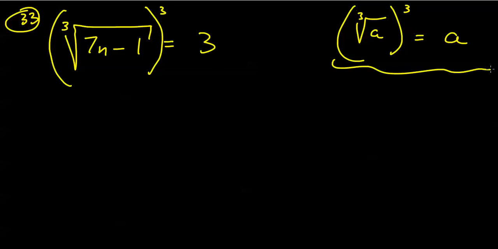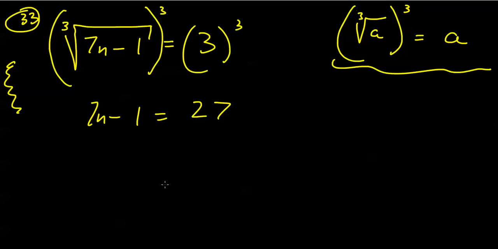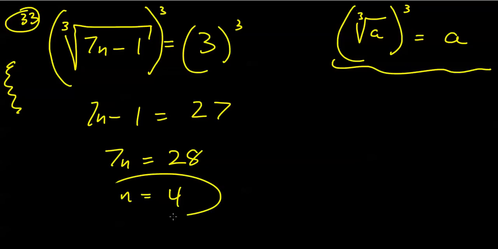So I can apply this over here: the cube root of 7n minus 1, to the third power, is just 7n minus 1, and on the right 3 cubed is of course 27. Not too bad. So I'll add 1 to both sides. 7n equals 28, and n then equals 28 over 7, which equals 4.